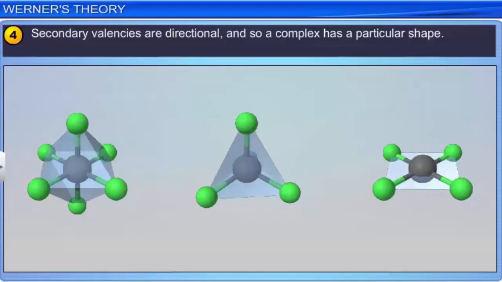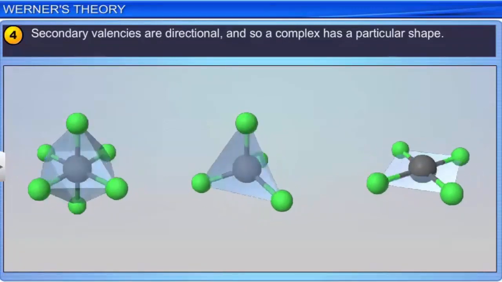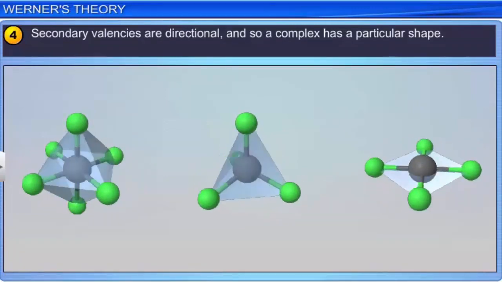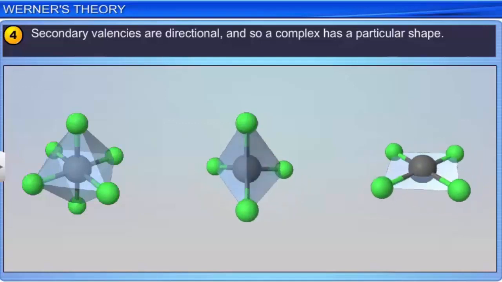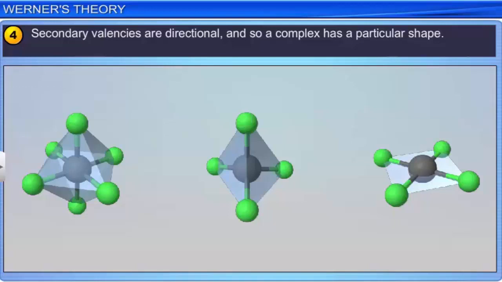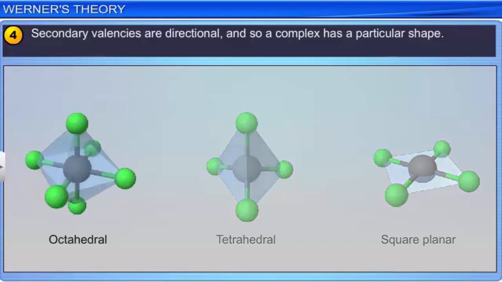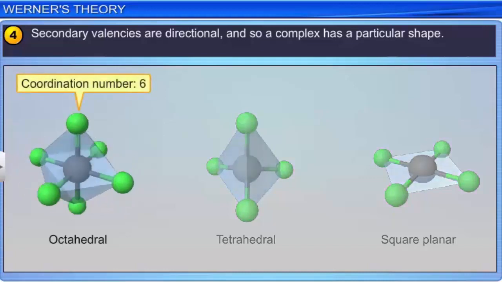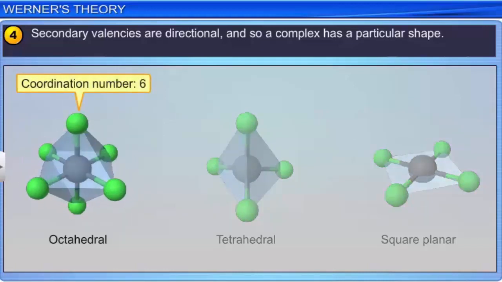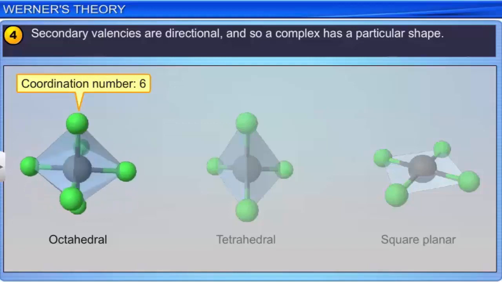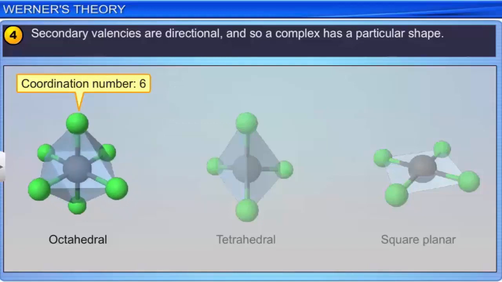The fourth postulate is that secondary valencies are directional, and so a complex has a particular shape. The number and arrangement of ligands in space determines the stereochemistry of a complex. The most common coordination number in transition metal complexes is 6, and the shape is usually octahedral.